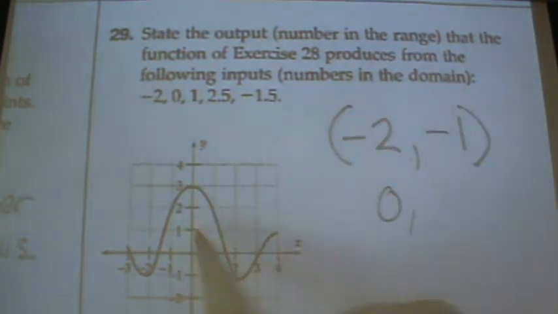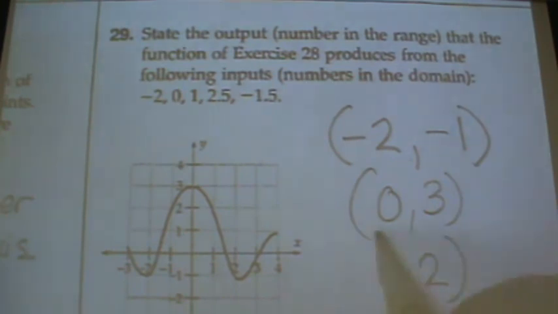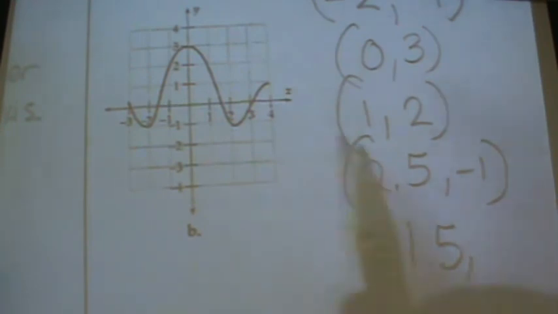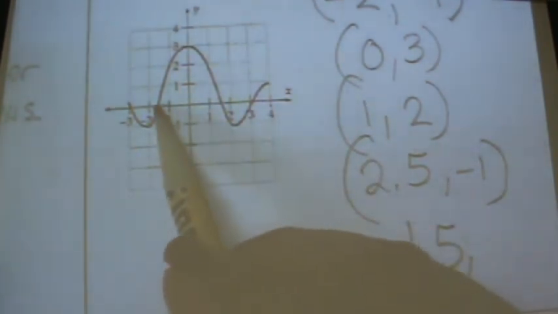So here's 0. We're going to go to 3. 1 goes to 2. 2.5, it looks like it's about negative 1. And negative 1.5, we're going to say over 1.5, that would be 0 right there.